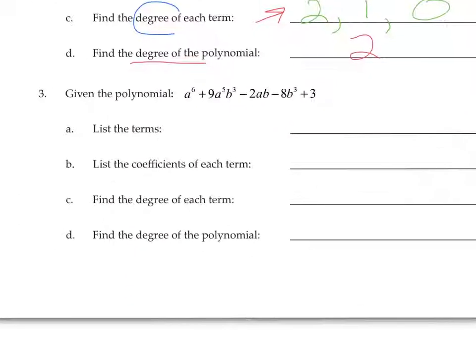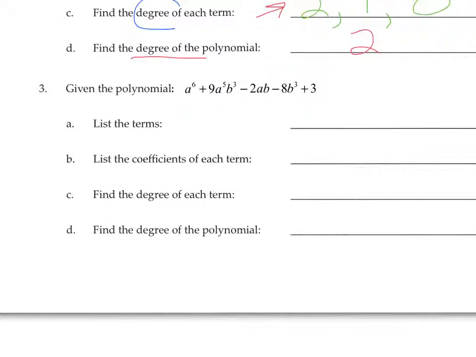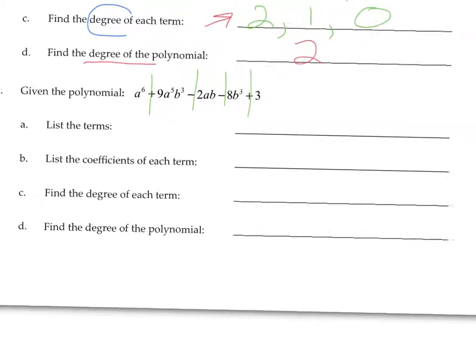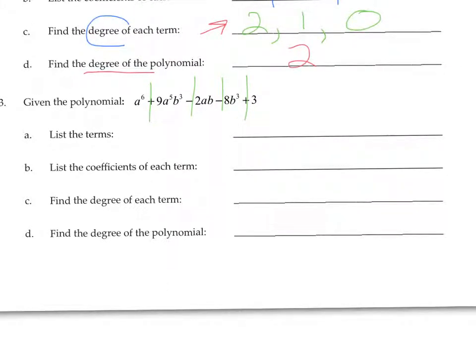On question 3, we have a new polynomial. How many terms does it have? It has 5 terms. So we're going to list the terms. Do we have room? The terms are a to the 6th, 9a^5 b cubed, negative 2ab, negative 8b cubed, and 3. 5 terms.